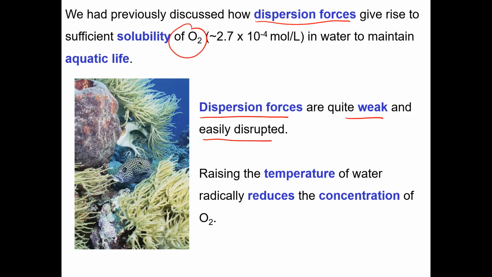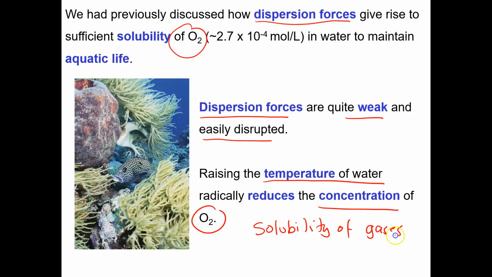What that means is that if you raise the temperature of an aqueous solution of oxygen, the concentration of oxygen will decrease because these bonds will be disrupted by the movement of the particles that is increased as the temperature increases. And this is actually a general rule: the solubility of gases decreases with temperature.